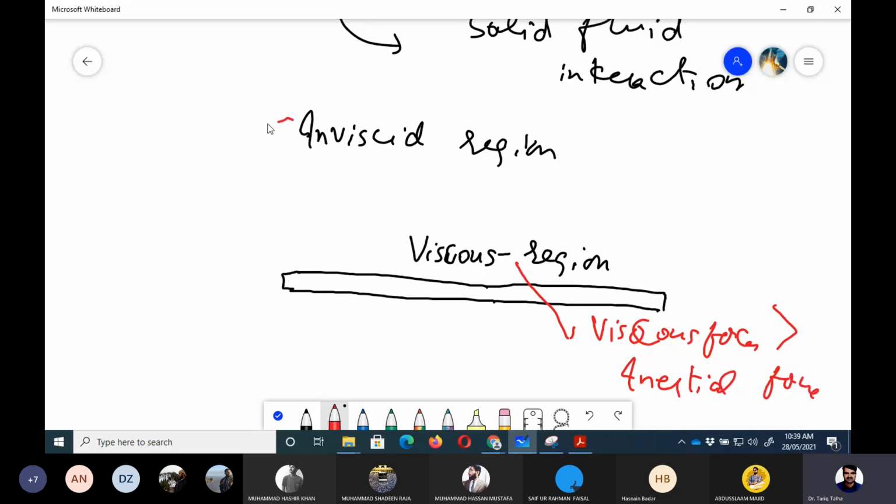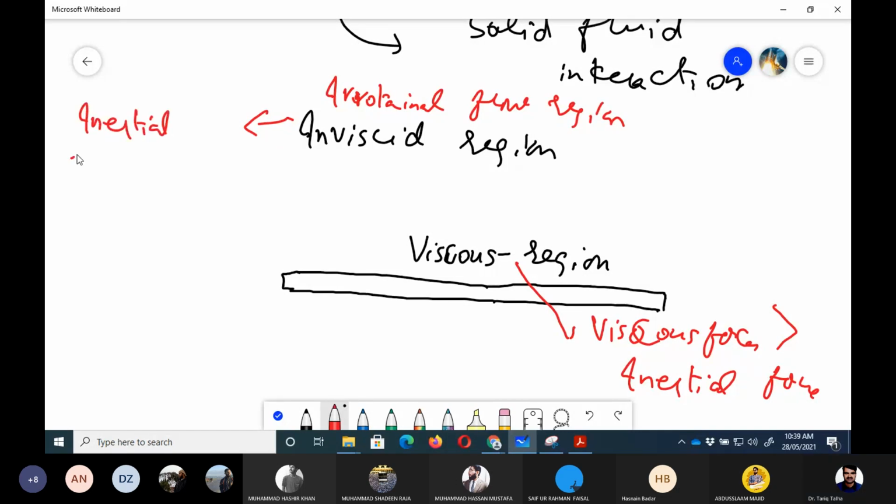And then inviscid region, or we also call it irrotational flow region. This is the region where inertial forces are bigger than viscous forces.